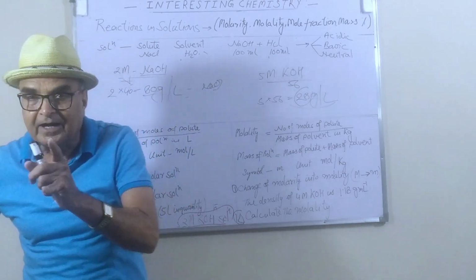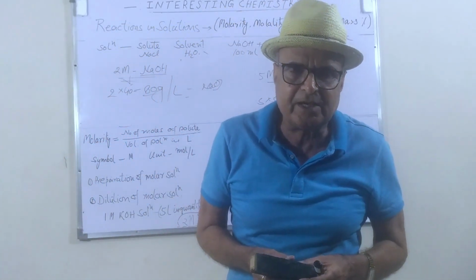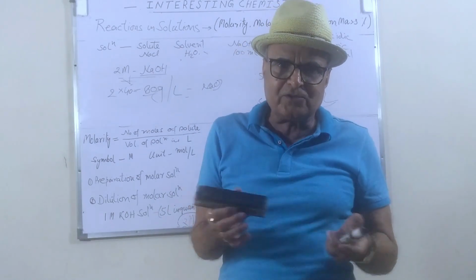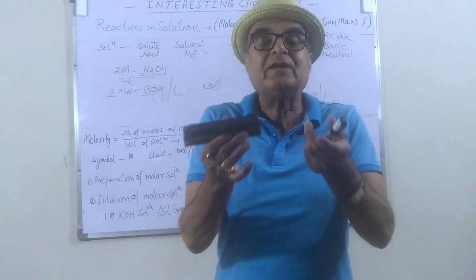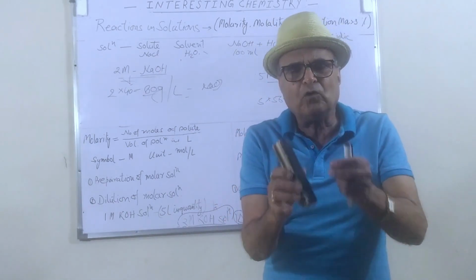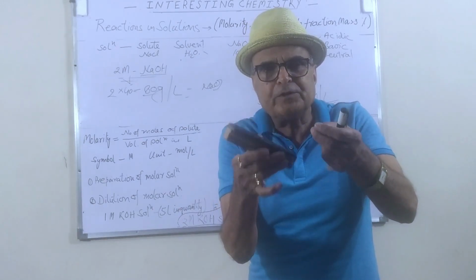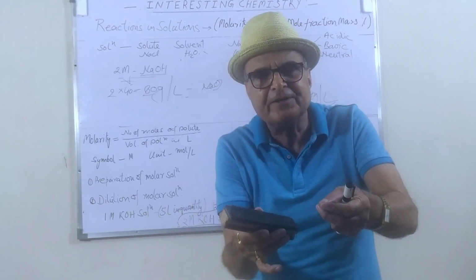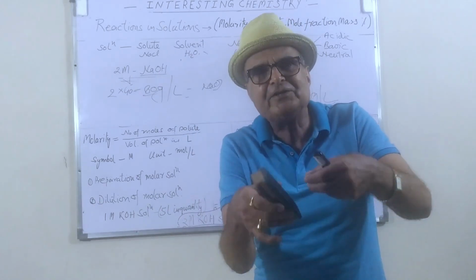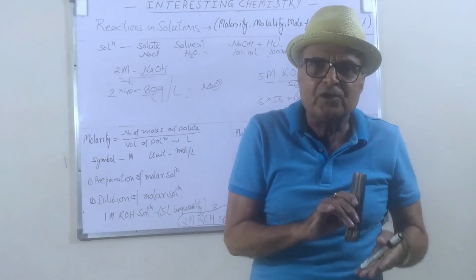Again, if you are asked a question in your examination, what is a molar solution? When 1 mole of the substance is present in 1 liter of solution, that is called a molar solution.